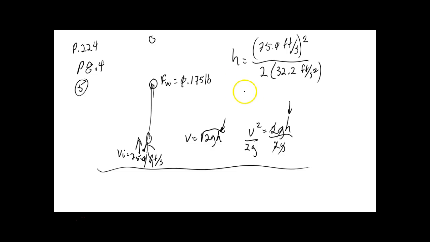All right, so pull out your handy-dandy little calculators, and you square 75. I can't do that in my head. It's going to be something less than 5,000. 75 squared, what does that give you?